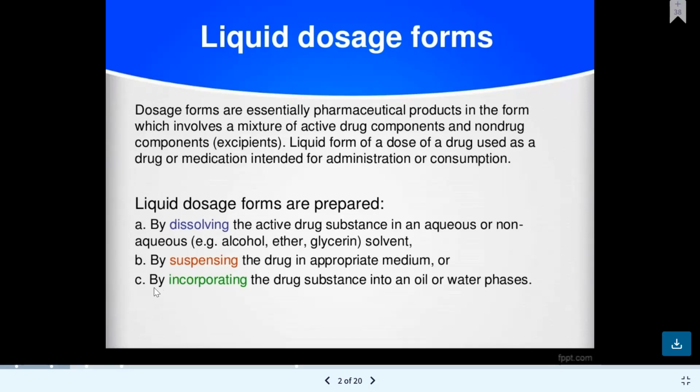Third, it can be by incorporating the drug substance into oil or water phases. So the drug can be inserted into the oil or water phases. The terms differ: if the active ingredient is added in the oil, it is called one term, and if added in the water phase, it is defined by a different term. So these are the liquid dosage form preparations.